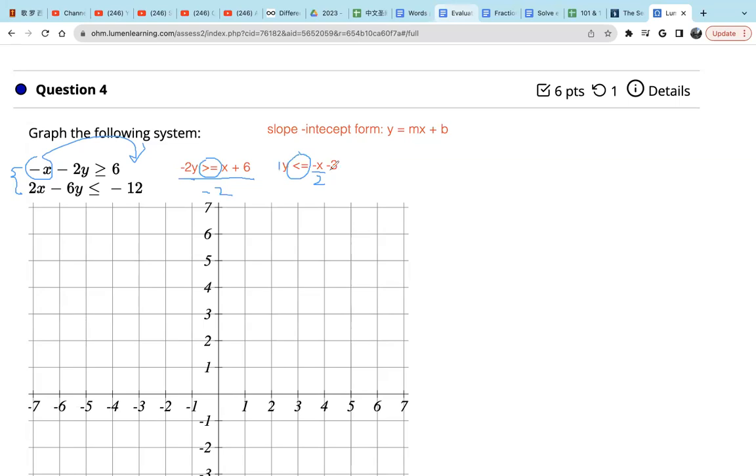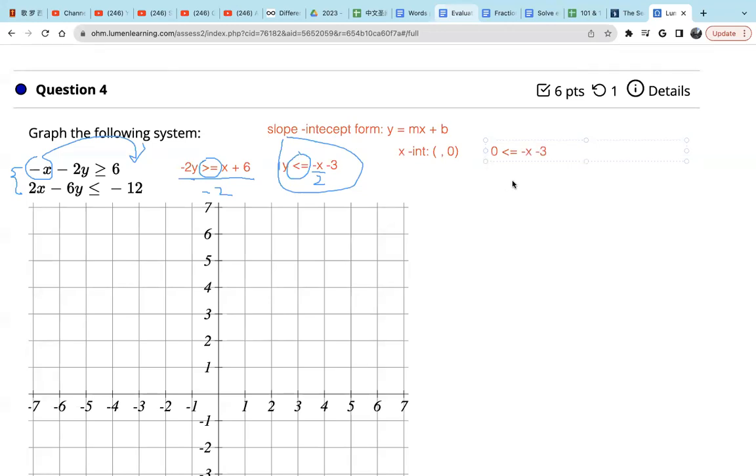So now what do we want? We want to graph this line. So this is a representation for a line. So we just need to get 2 points, an x-intercept and a y-intercept. X-intercept is saying, we need to find the x value, but we set y to be 0. If y is 0, what do we get? Y is 0. We get 0 less than or equal to negative x minus 3.